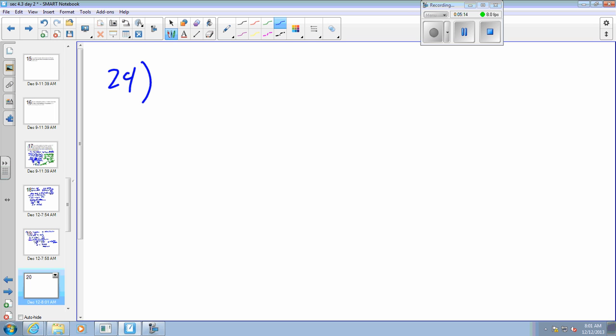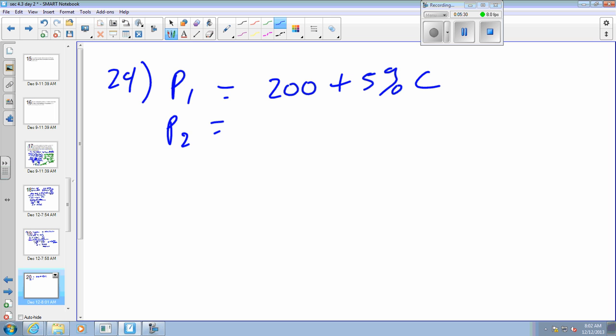Pay 1 is a weekly salary of $200 plus 5% commission. Or the second version of pay is a straight 15% commission. Find the amount of weekly sales for which Jack's earnings are the same regardless of the pay.